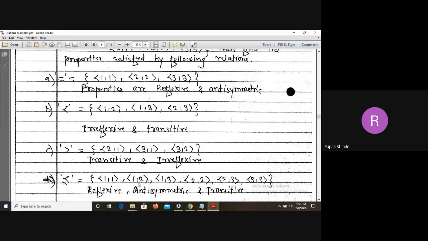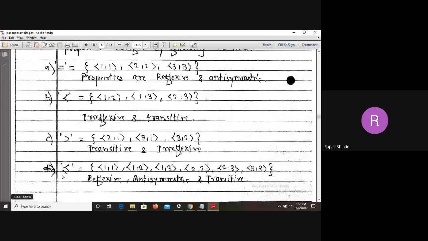Now check for transitive. In order to find whether this relation is transitive or not, this is transitive.